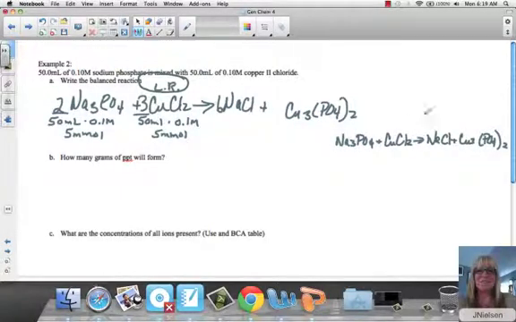And I didn't put the coefficients in over here just because I'm just trying to figure out what I have. So we're starting with 5 millimoles, 5 millimoles, and we're starting with 0 and 0 to begin with. Now, we know we're going to use all of the CuCl2, and this is going to be 0.